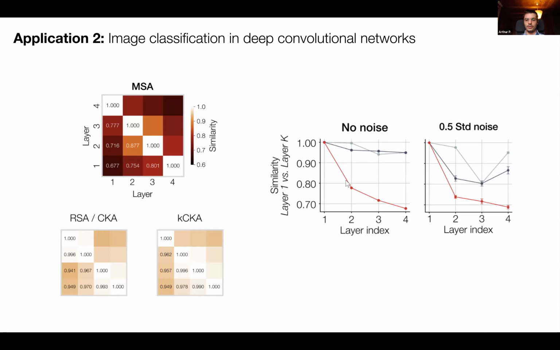Here in red we have MSA, and the other two curves are CKA and kernel CKA. And we can see that MSA is very robust to noise. If we add noise to the manifold, the similarity doesn't change much, whereas these other metrics based on the extrinsic geometry vary a lot.